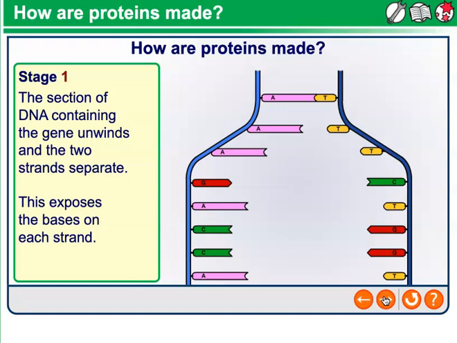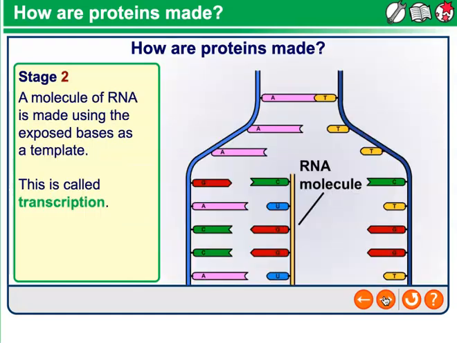Stage 1. The section of DNA containing the gene unwinds and the 2 strands separate. This exposes the bases on each strand. Stage 2. A molecule of RNA is made using the exposed bases as a template.